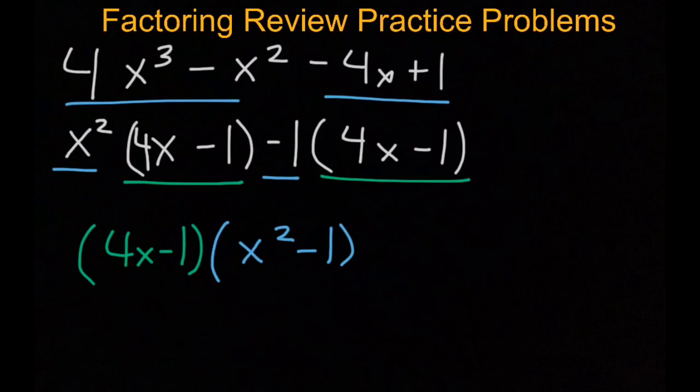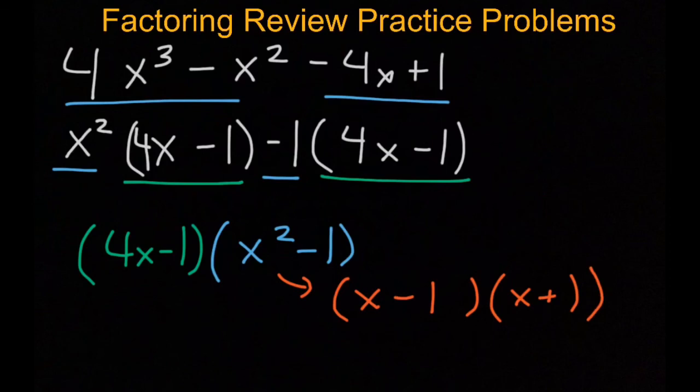So, as some of you can see, this is not fully factored. This answer would only give you part marks on a test. So, for the x squared minus 1 bracket, it can be factored further using the difference of squares method. Let's do that. So, if we factor this, we'd get x minus 1 and x plus 1.